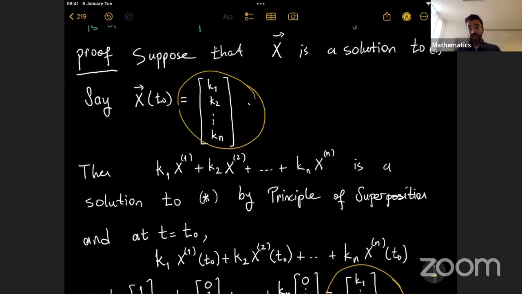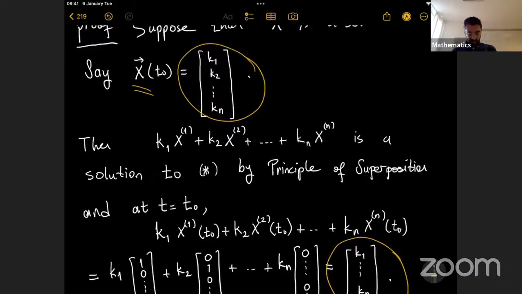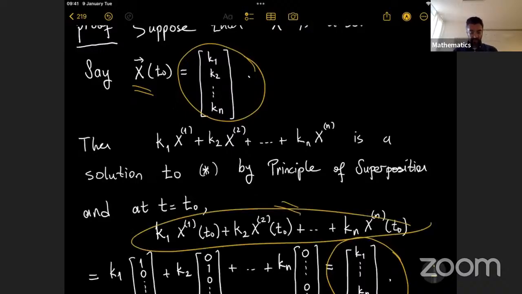But there is only one solution to the IVP. That means this function must be the same as this function here, the whole thing here, right? Because they have the same initial values, okay? But there's only one solution. So by the uniqueness theorem, the arbitrary vector function x is equal to this linear combination.